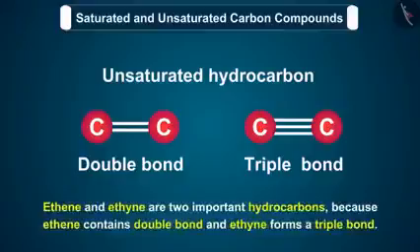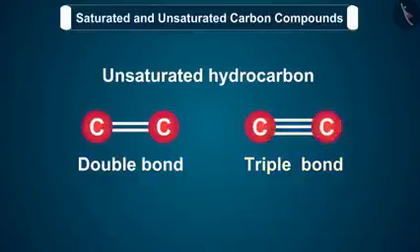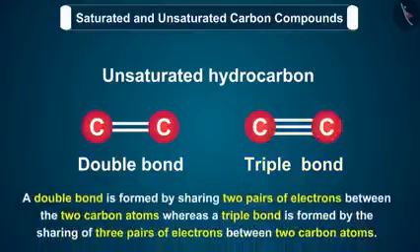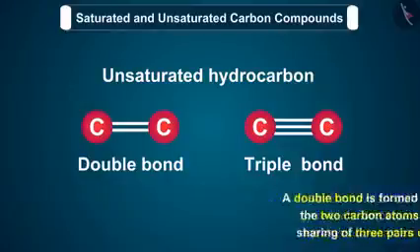Ethene and ethyne are two important hydrocarbons because ethene contains a double bond and ethyne forms a triple bond. A double bond is formed by sharing two pairs of electrons between the two carbon atoms, whereas a triple bond is formed by the sharing of three pairs of electrons between two carbon atoms.